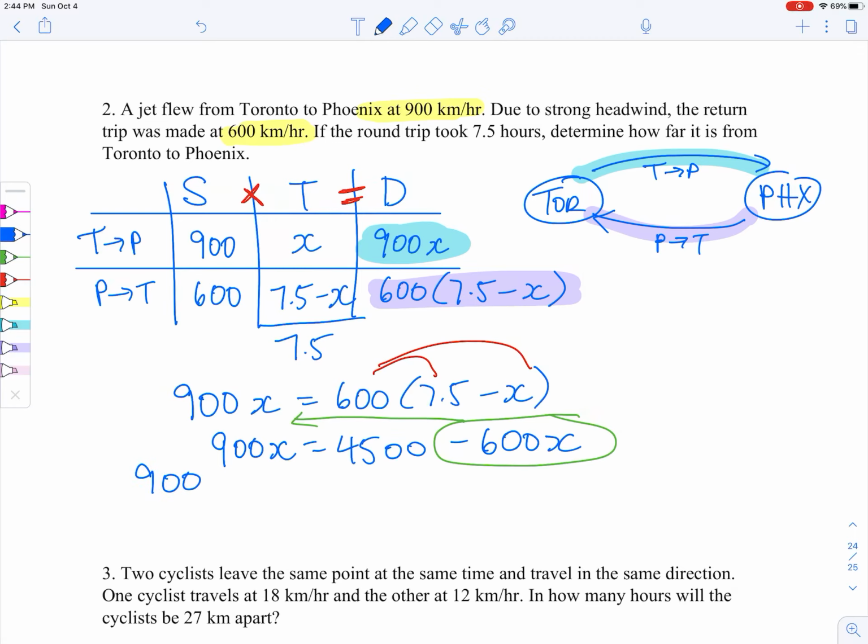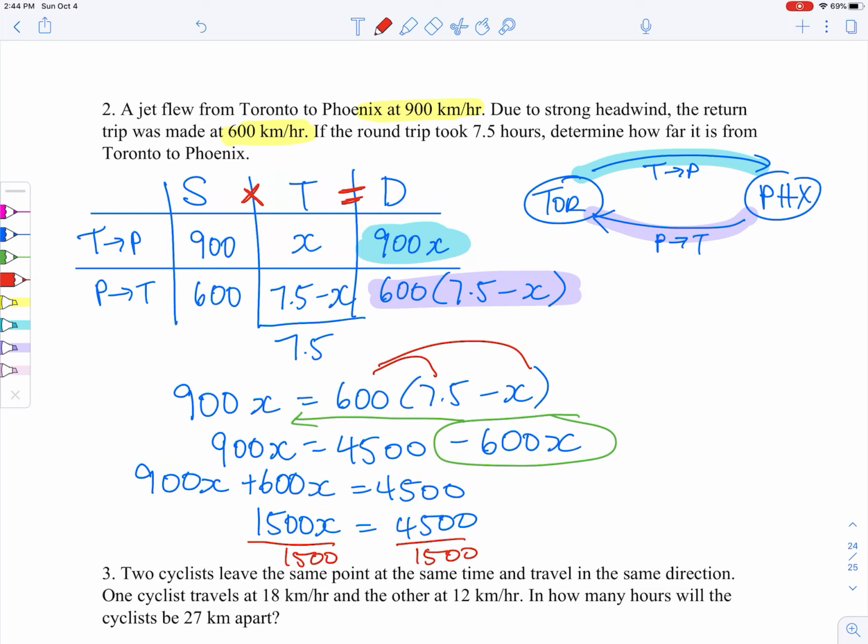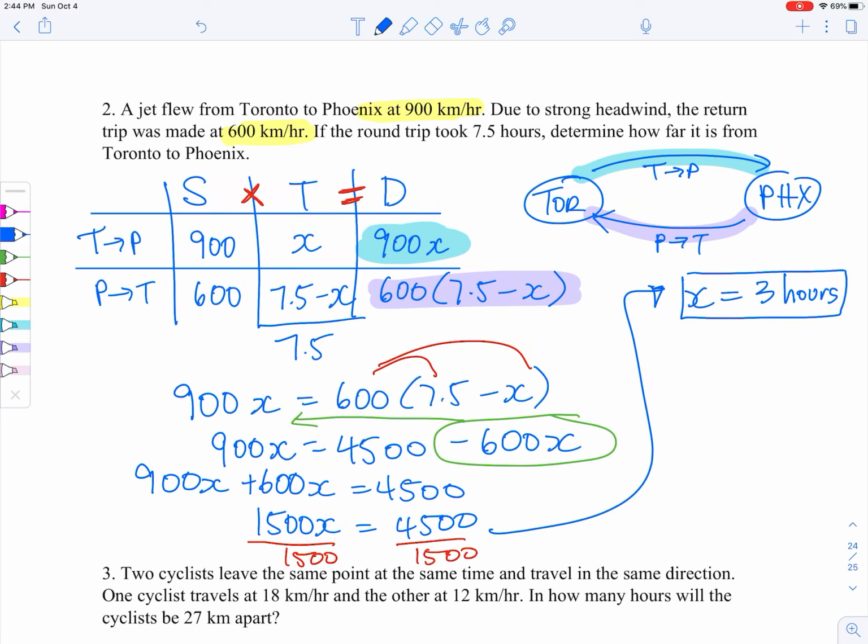So I'll get 900x plus 600x equals 4500, or 1500x equals 4500. Divide both sides by 1500, and we get that x equals 3. And x was time, so x is going to be 3 hours.